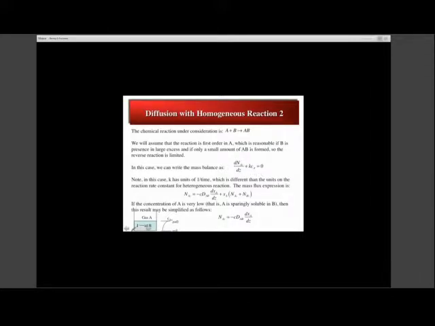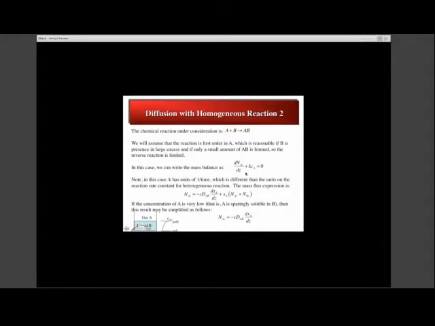In this case, the mass balance over a slice of the liquid from Z to Z plus delta Z would give the following expression: the change in the flux with respect to Z plus kC_A would equal 0, where k is the reaction rate constant.